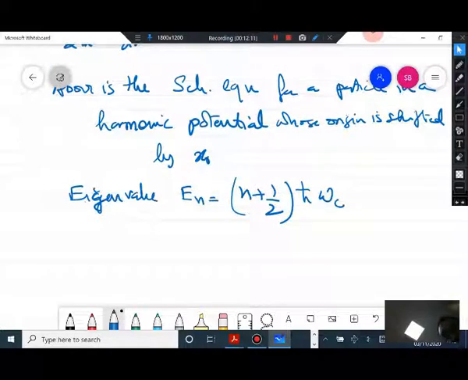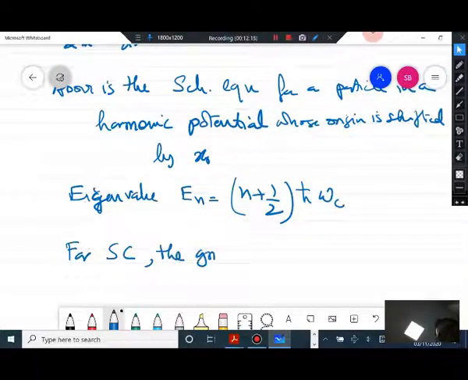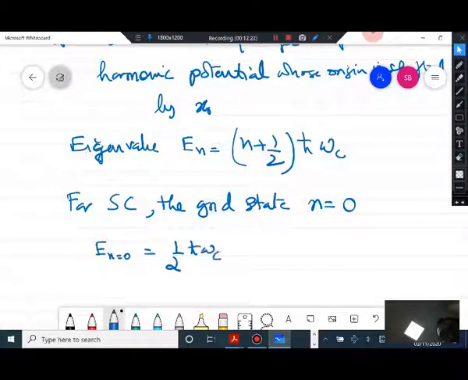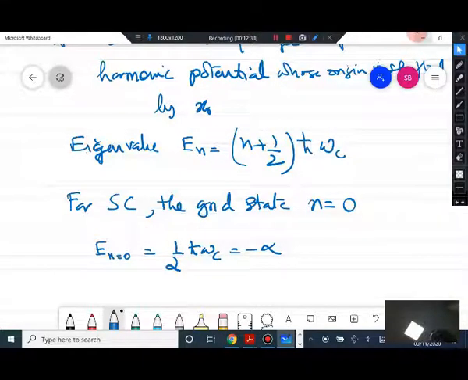Now for a superconductor, the ground state is n is equal to 0. So the eigenvalue E for n is equal to 0 is half h cross omega c, which is minus alpha. That is the lowest energy state that you are considering.